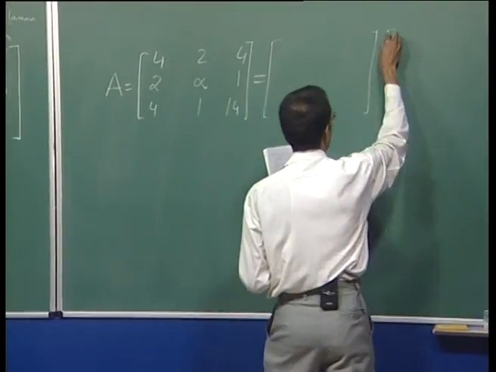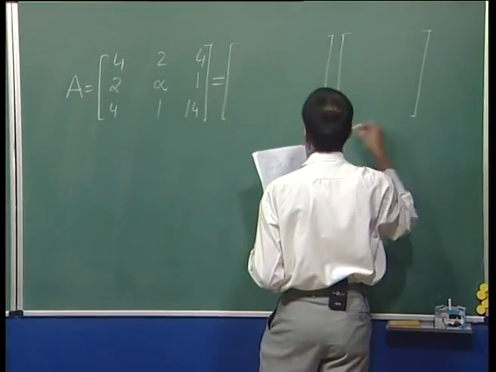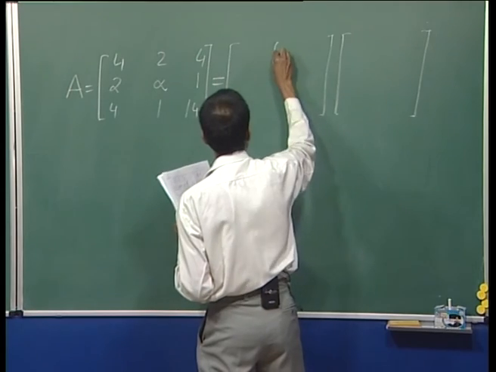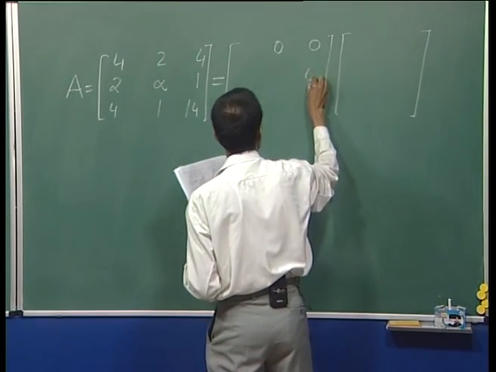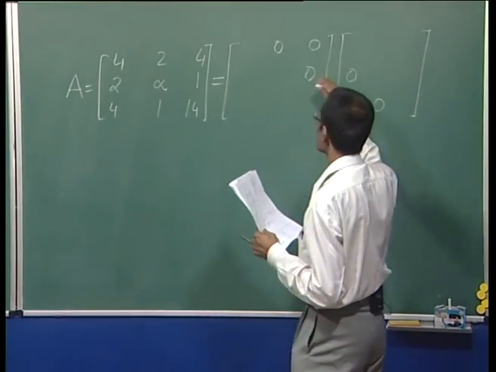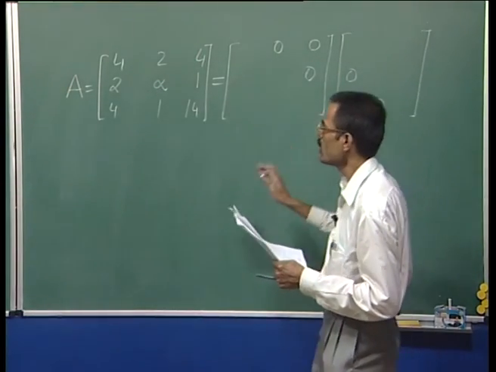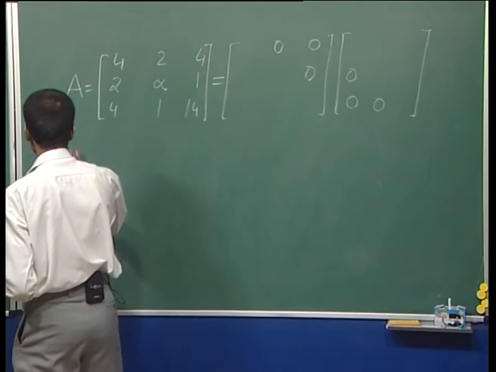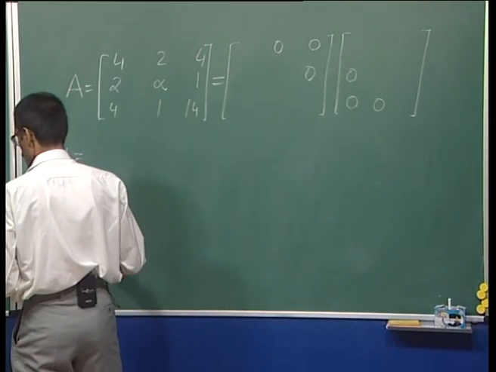We want to decompose it into L and L transpose factors, with these zeros already known, for three different values of alpha: 0, 1 and 2.